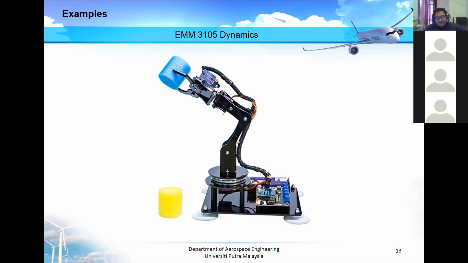It is actually electric motors inside this particular servo. And the servos will give some rotation so that these particular parts will rotate and move in the direction that you want.